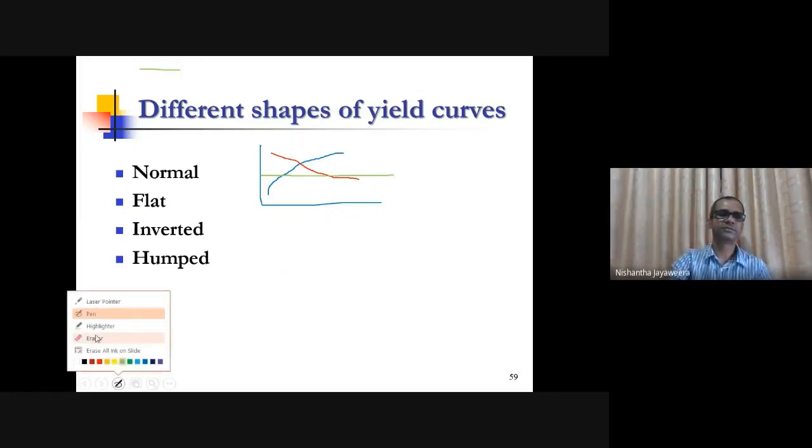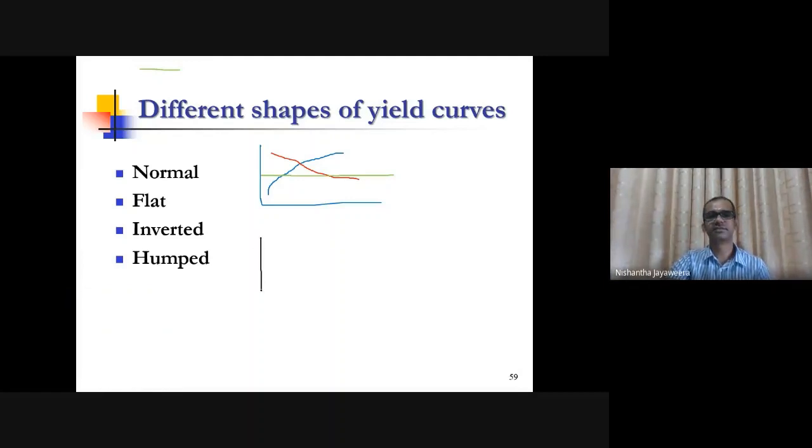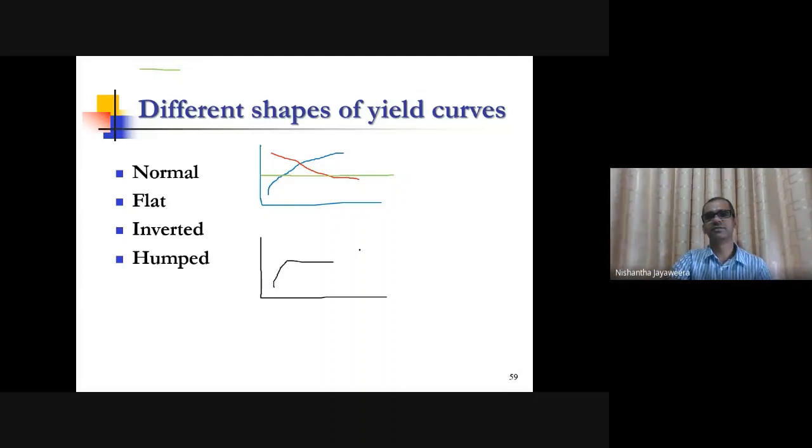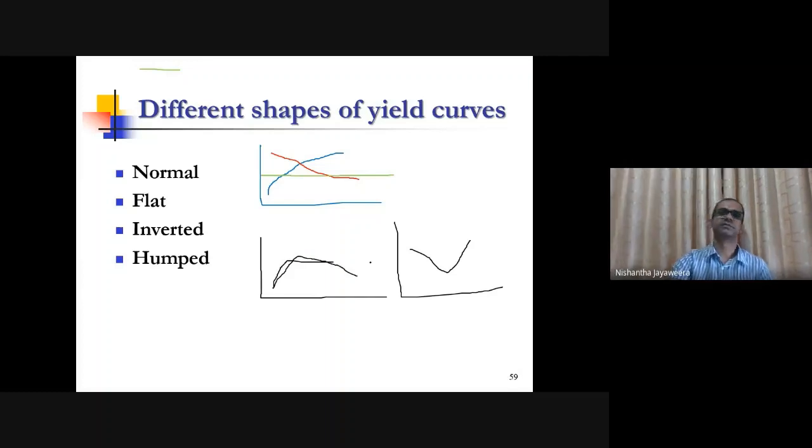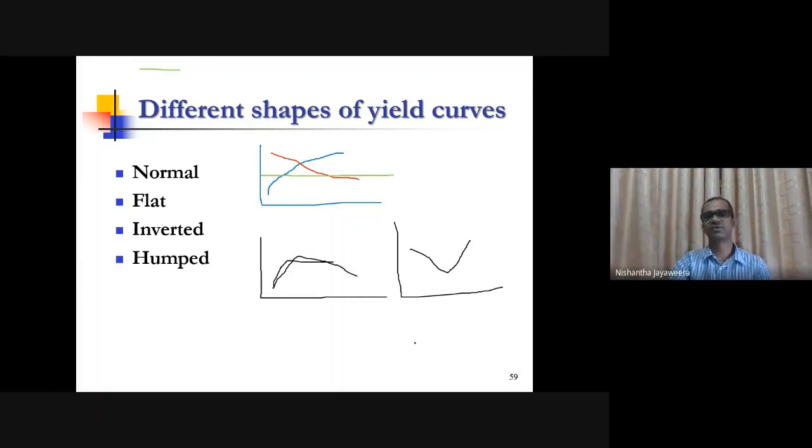In humped ones, we can have different shapes. It may be like this, or it can be like this. These we call humped ones.